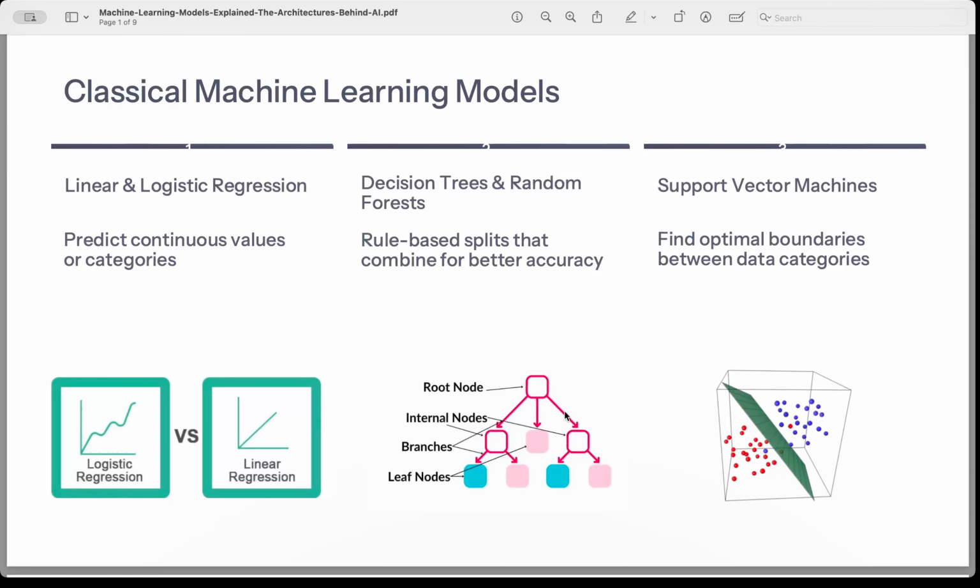Now, these three models are fast, efficient, and form the actual foundation of many applications where AI is being used today, such as finance, healthcare, and data analytics in general.